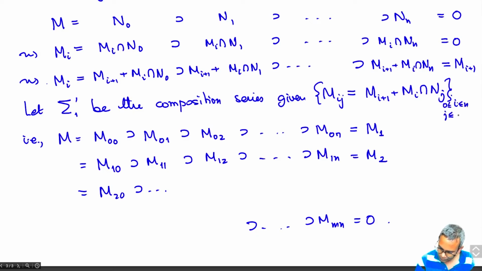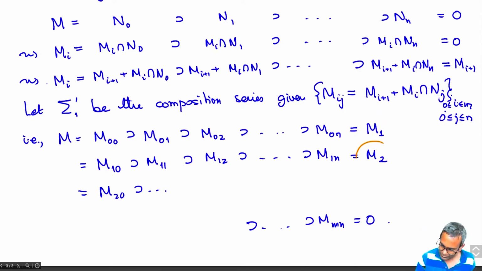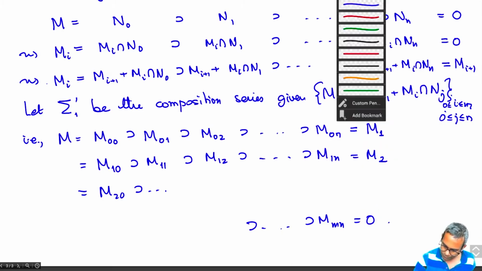I goes from 0 to m, and j goes from 0 to n, first running the index j within each index i. I hope it's clear what sigma 1 prime is, and this is clearly a refinement of sigma 1 because I have the terms of sigma 1 in it, these things M1, M2, and this is actually Mm.